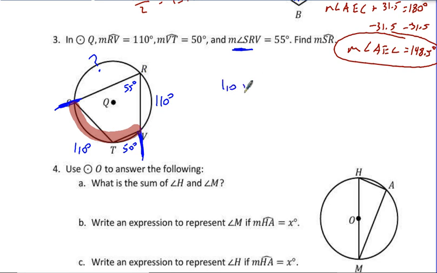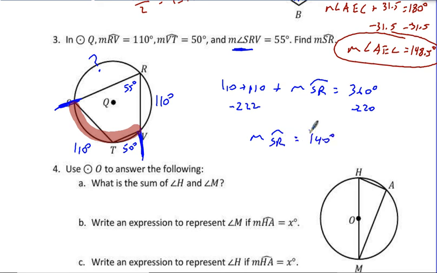So 110 plus 110 plus the measure of arc SR equals 360 degrees in a circle. 110 plus 110 is 220 degrees. Subtract 220 degrees from 360 degrees, and the measure of arc SR equals 140 degrees.